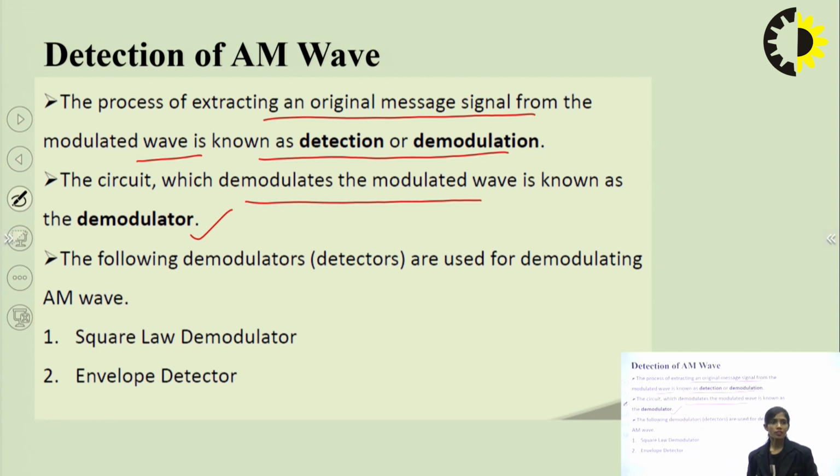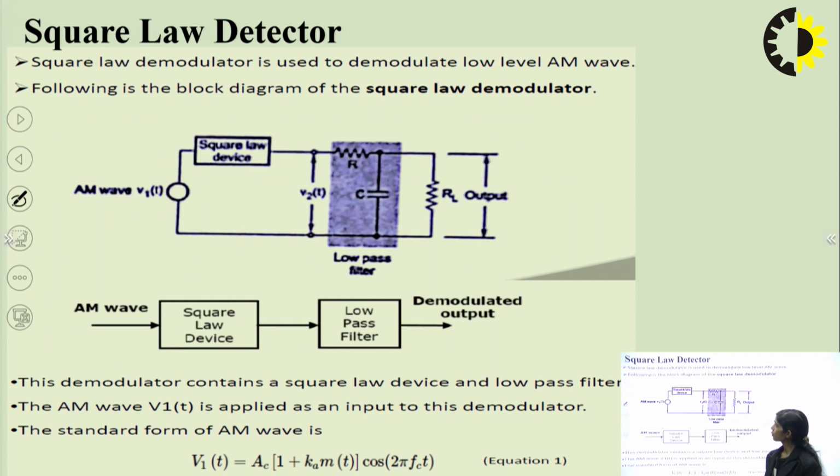Similar to the modulator circuits, we have different types of AM demodulators. Corresponding to the square law modulator, we have a square law demodulator also, and one more demodulator circuit, that is the envelope detector.